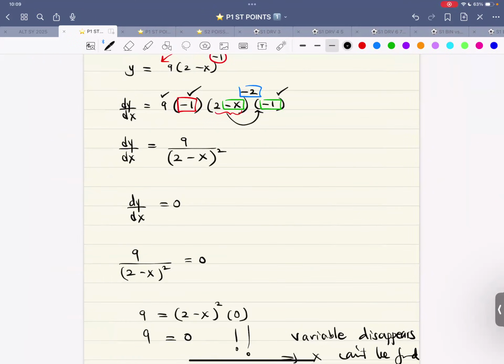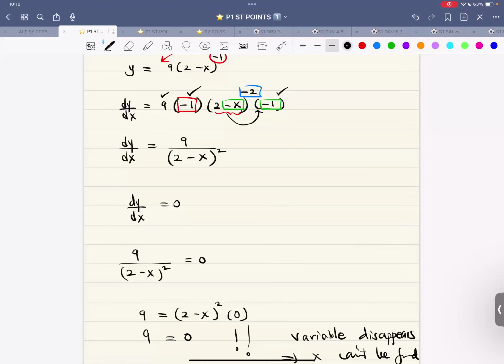So let me grab my phone, and this particular question, which is very, very important, that concept is this thing, that the variable disappears. That means variable disappearance, no solution of equation.